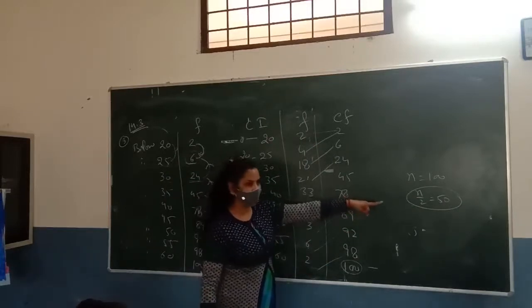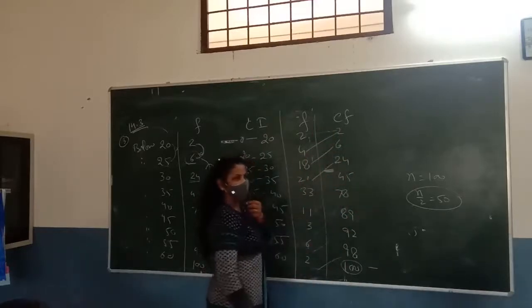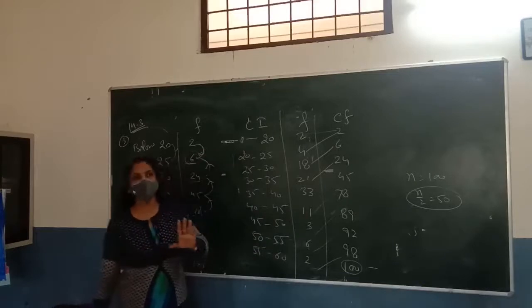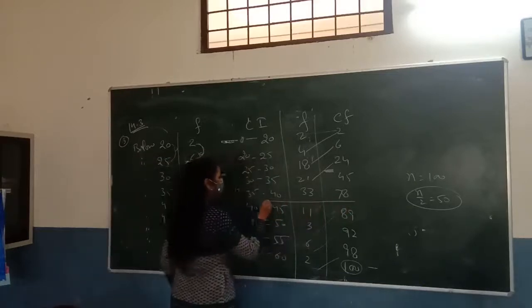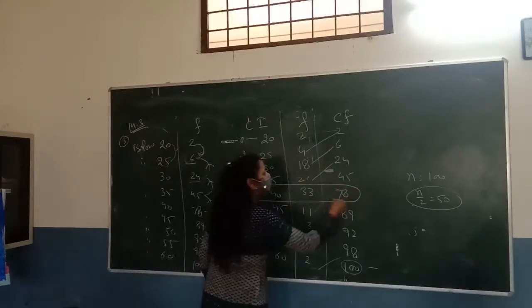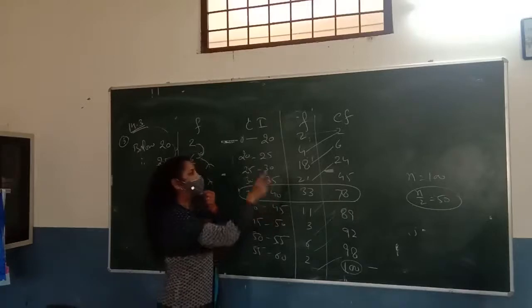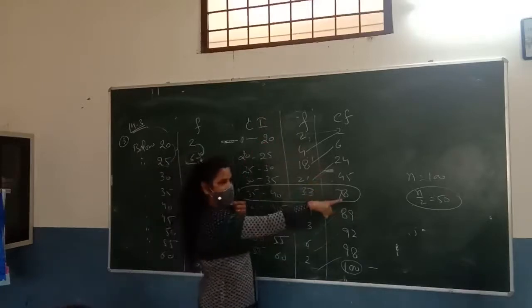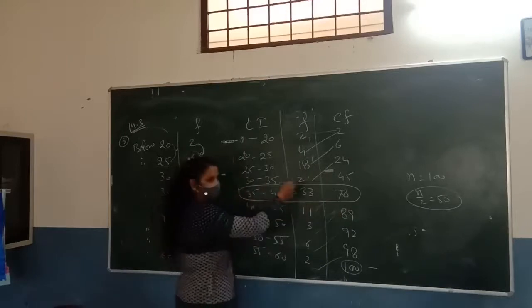Like n upon 2 came to 50, now tell me which number in this table is just greater than 50? 78. So this is called the median class. First you will find n upon 2 and choose the number in the CF table which is just above n upon 2, and this is called the median class.